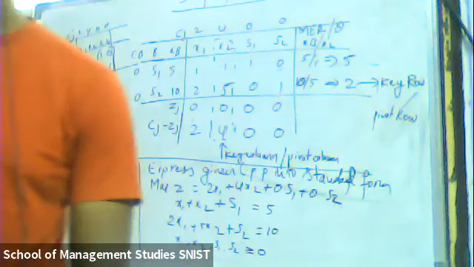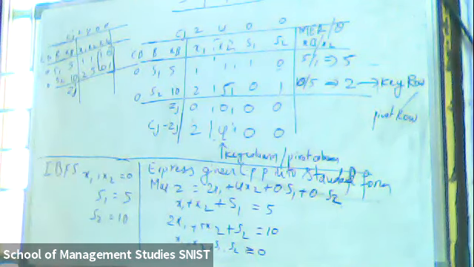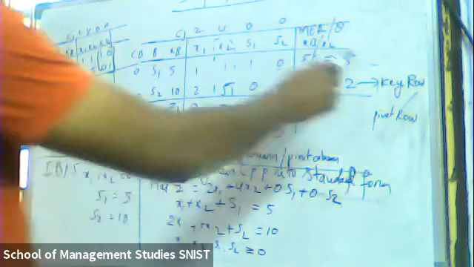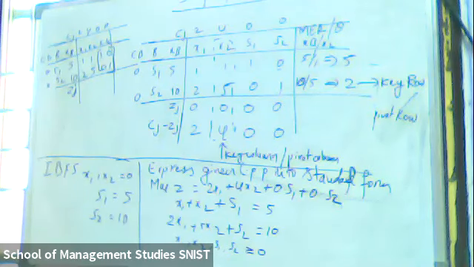How to identify the key row? Minimum value. Suppose if it is 0, will you take that as a key row? Suppose you got here 5 and here 0. Which one will you take as the key row? 0. Who said this? Soumya? I said other than 0. Okay, other than 0, right?